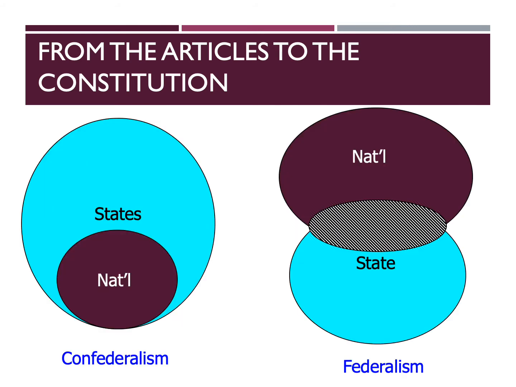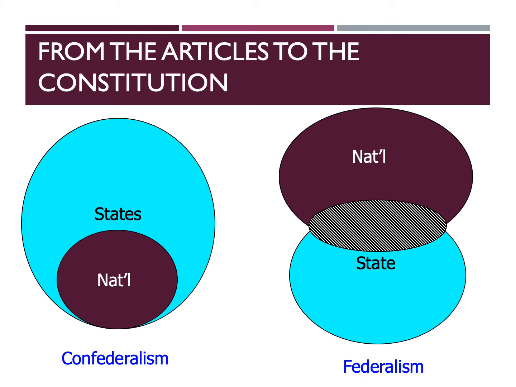And this just shows you a visualization of confederalism versus federalism. I just put this up here because our next chapter is on federalism. So you can really see the difference: the Articles of Confederation formed a confederal power sharing relationship where the states had most of the power and the national government was sort of a servant to the states.